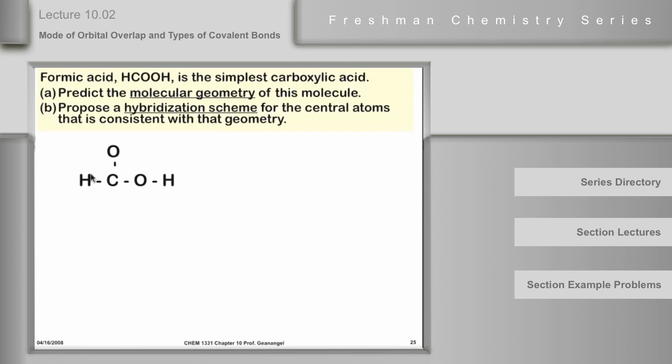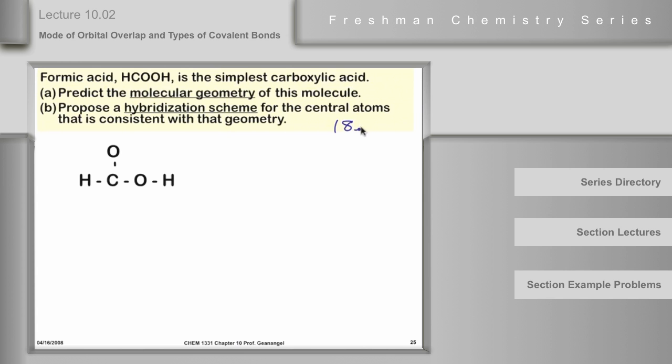the topology of the molecule has a carbon and an oxygen as central atoms, and it has, as you can maybe guess from this formula, another oxygen that's present there. That oxygen is connected to the carbon.